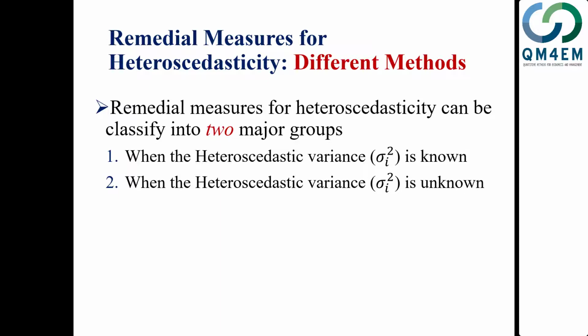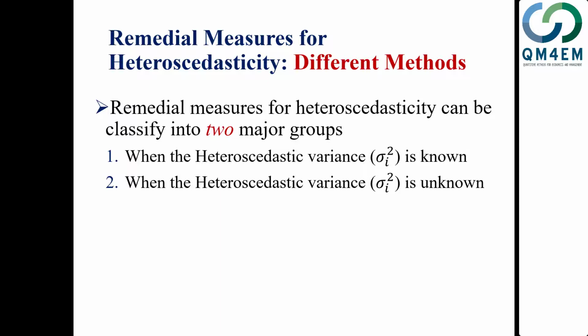So the remedial measures available can be grouped under two headings. The first is the case when the heteroscedastic variance is given or known, then you apply that method. In the second case, when you don't know the heteroscedastic variance, you need a different method, and that method is placed in the second group.